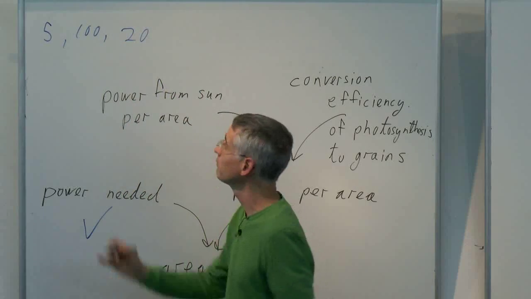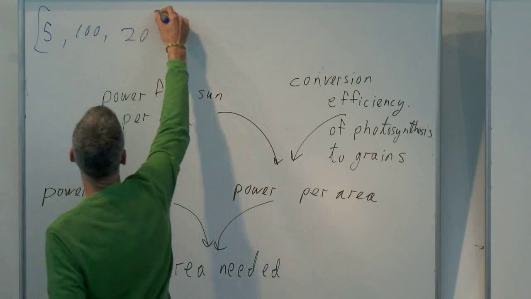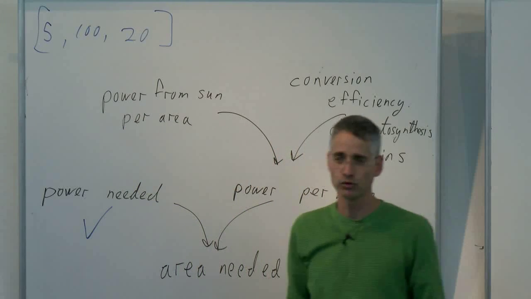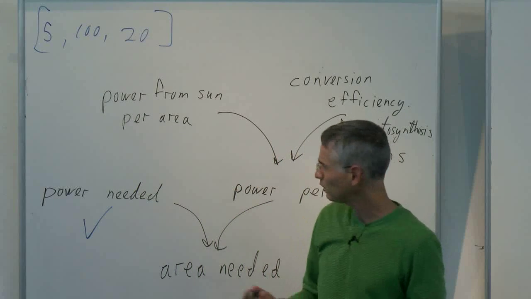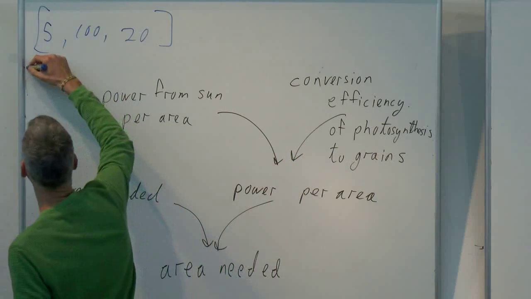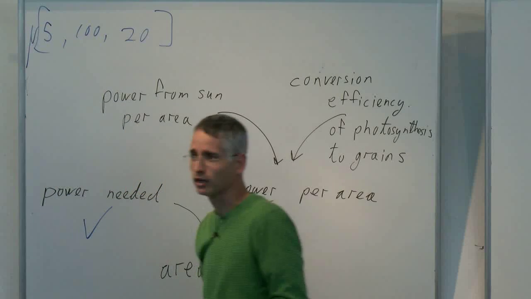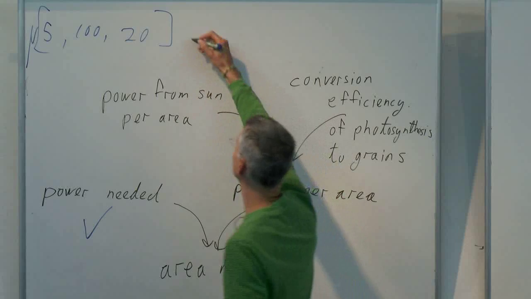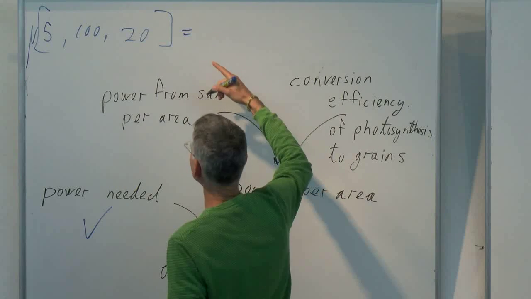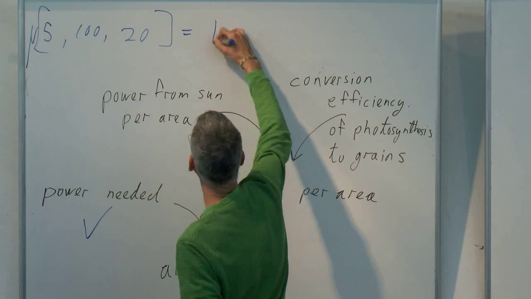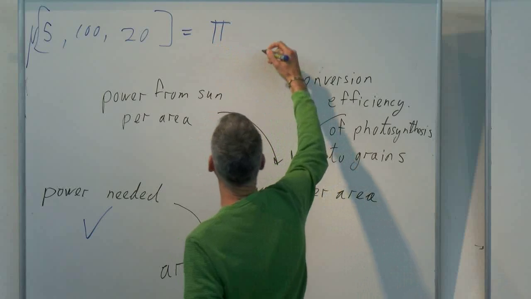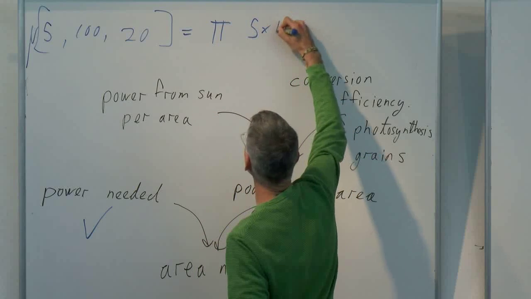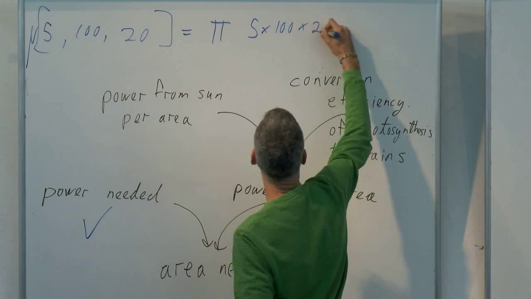Let's start with this. So I have 3 estimations. What do we do when we have a few estimations? We do the average, sometimes denoted by mu. What type of average? Geometrical average, very good. To do a geometrical average, I need to multiply, sometimes marked by pi, 5 times 100 times 20.